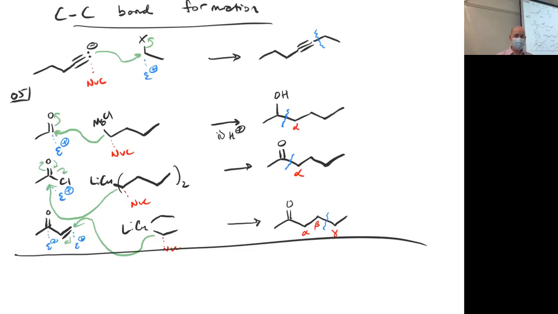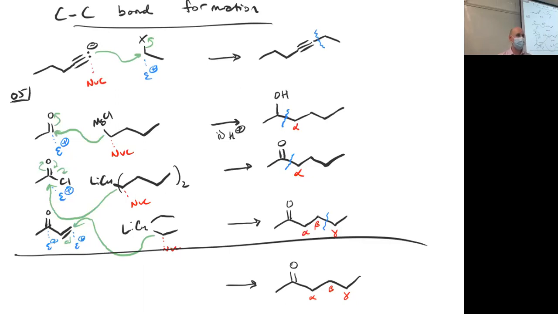All right, so for today, we did alpha alkylation, which meant that we would be attaching something at the alpha carbon. So glance back real quick and tell me which bond would we be making using today's reaction.